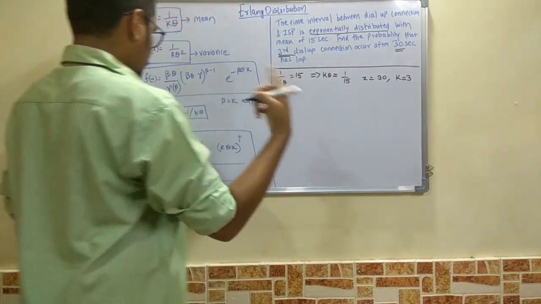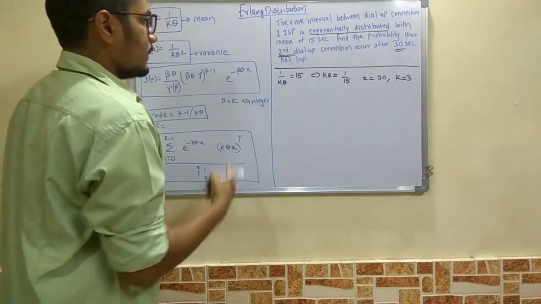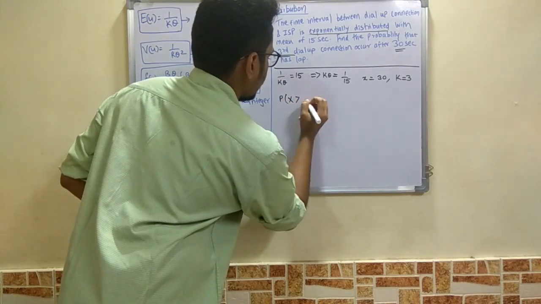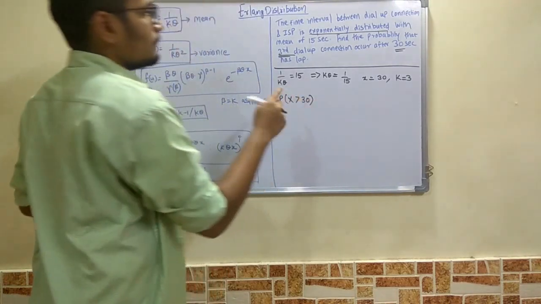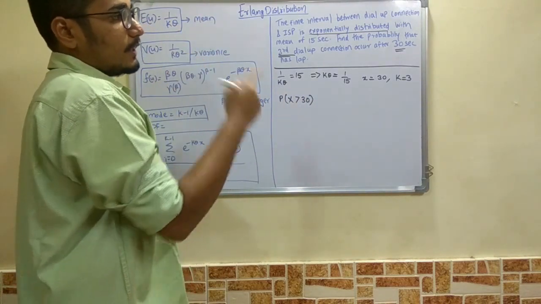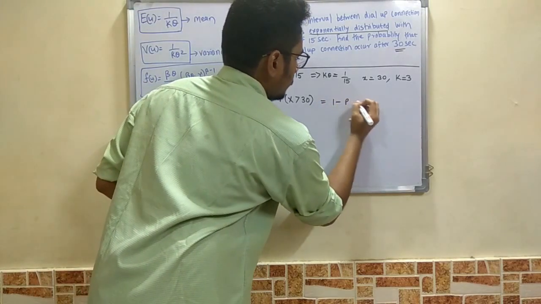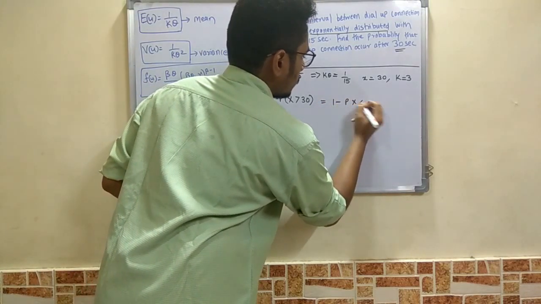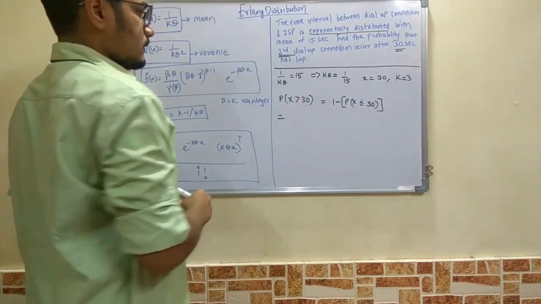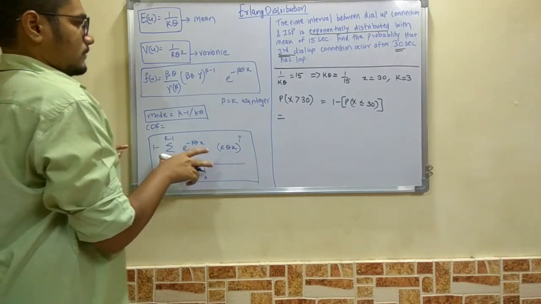After this we apply the formula. We have to find the probability of x greater than 30, meaning the probability that the third dial-up connection occurs after 30 seconds have lapsed. So this is written as 1 minus the probability of x less than or equal to 30. The formula says 1 minus this expression.